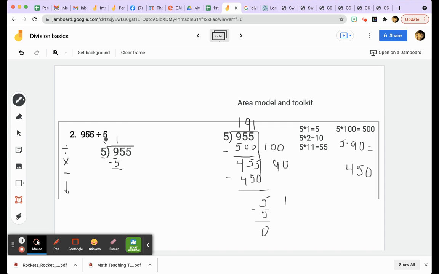I'm going to remember to put a multiplication sign here. 9 subtract 5 is 4. After I subtract, I bring down the next number. After I bring down, if I still have numbers here, I go back up to my first step and I divide.